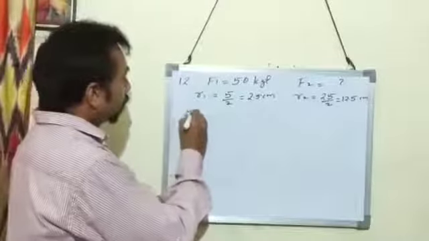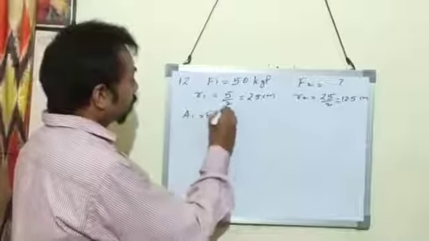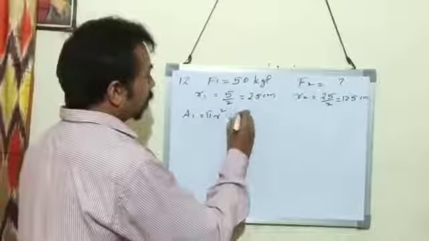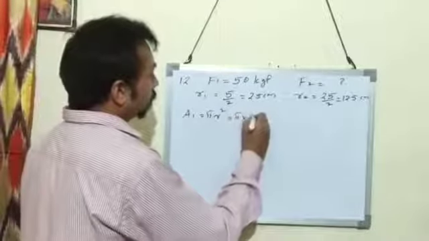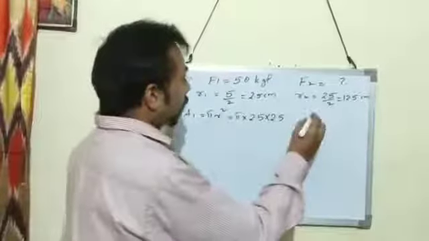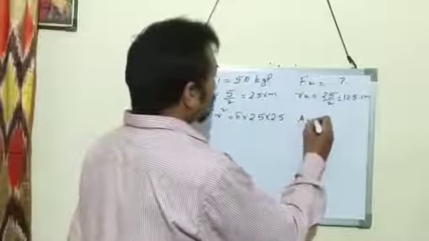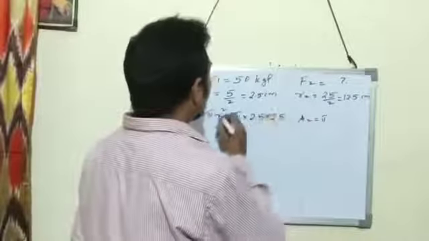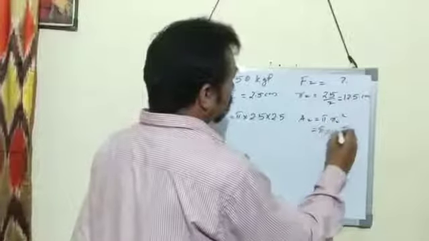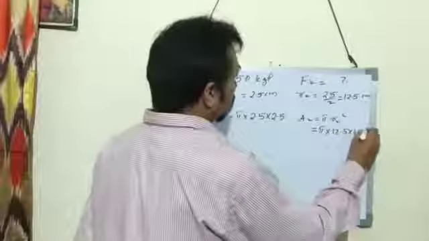We calculate area cross section by the formula pi r square. So that is A1, pi into R1 square, pi into 2.5 into 2.5. Then area cross section of the larger one, A2, pi into R2 square, so that will come pi into 12.5 into 12.5.